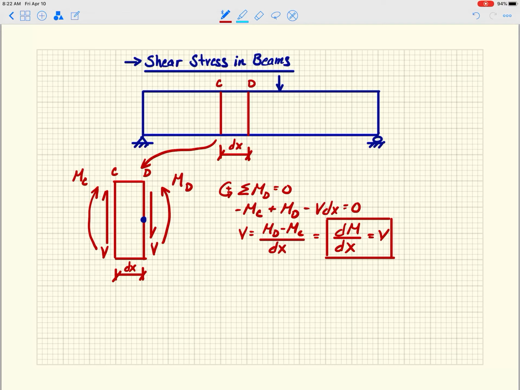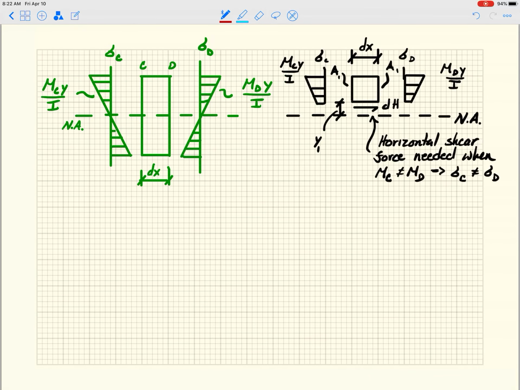So if dM/dx is not 0, then my shear force cannot be 0. Then we zoomed in, and I replaced those moments with the normal force that they produce, the sigma equals My over I that we've been doing. And then I've taken a horizontal cut and removed the bottom portion of this element.